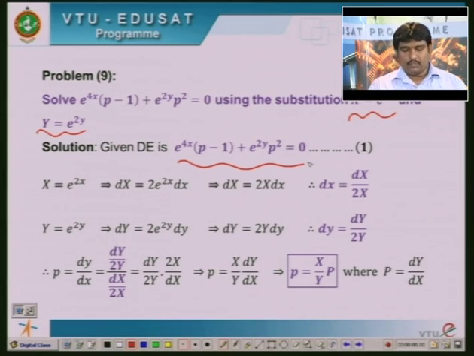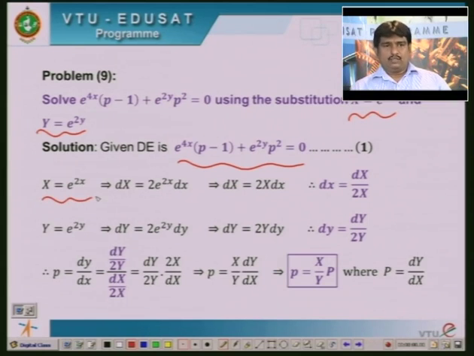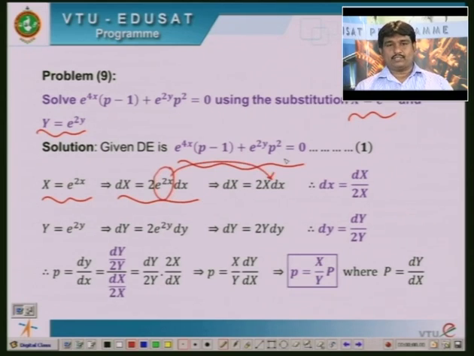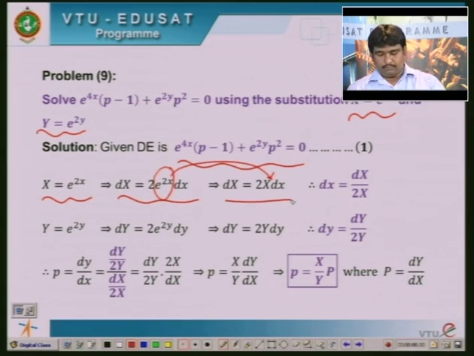X is given, capital X is e to the power of 2x. As usual, take its differential. d capital X is 2 e to the power of 2x into dx. Now I'll substitute for e to the power of 2x: e to the power of 2x is capital X. So d capital X equals 2 capital X into dx.